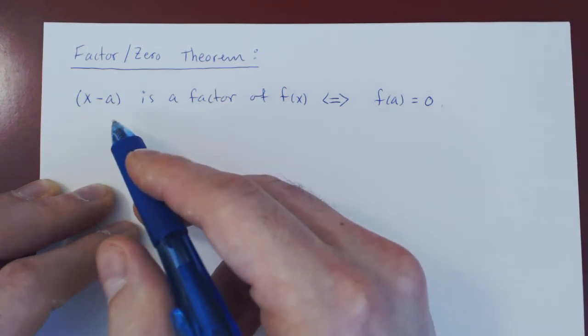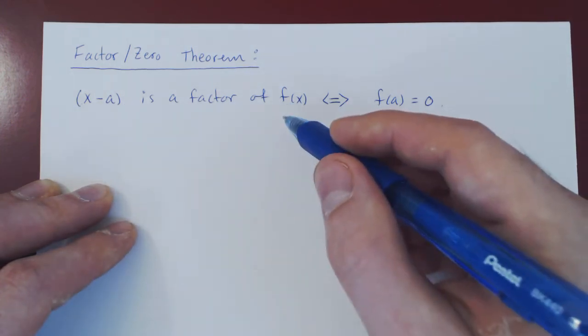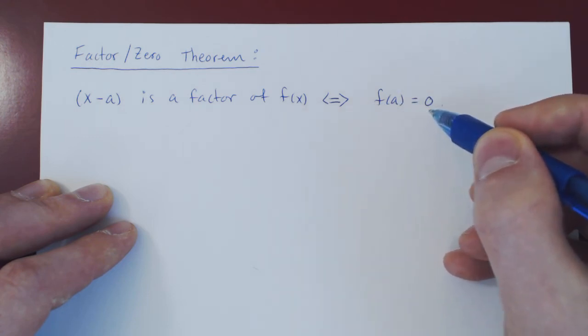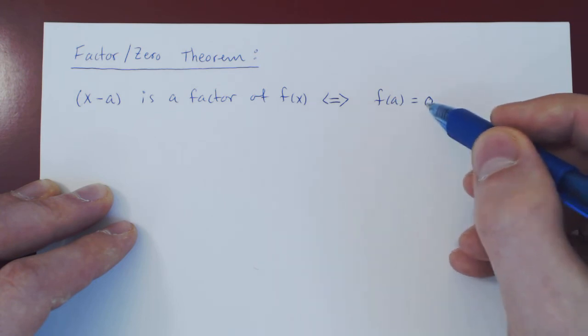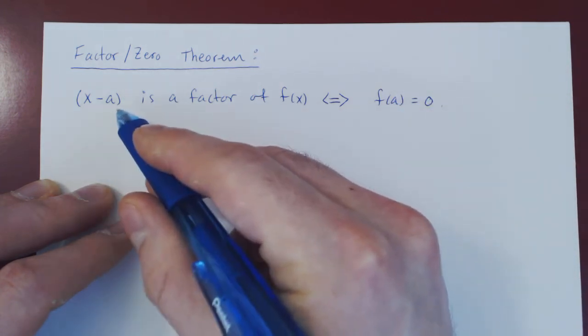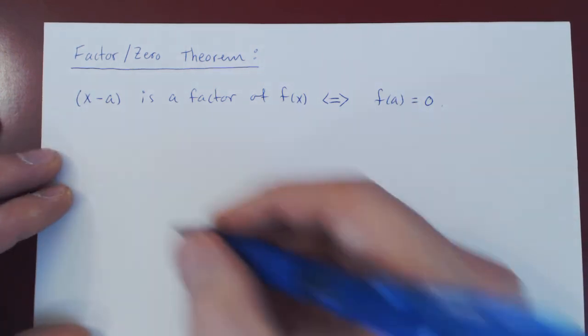And the idea of why this is useful, again, is sometimes we look for a factor of a polynomial, but it's easier to look for a value of x that makes the equation 0. So once you have a 0, if f of a is 0, you have as a free factor x minus a, minus your 0. So let's prove this.